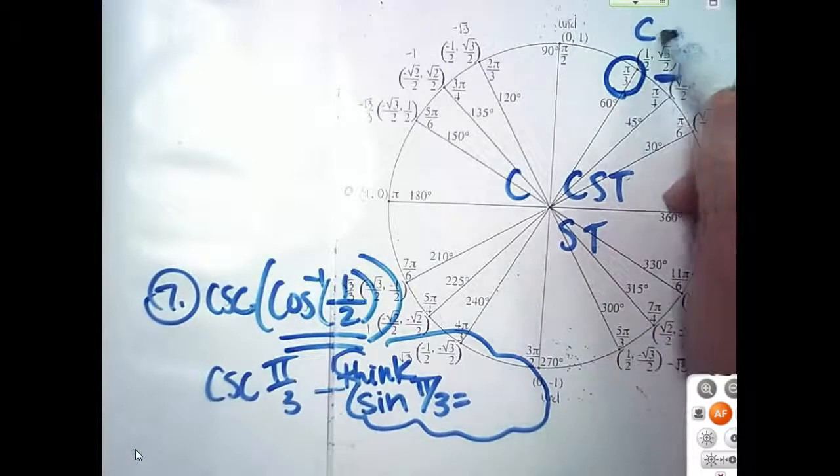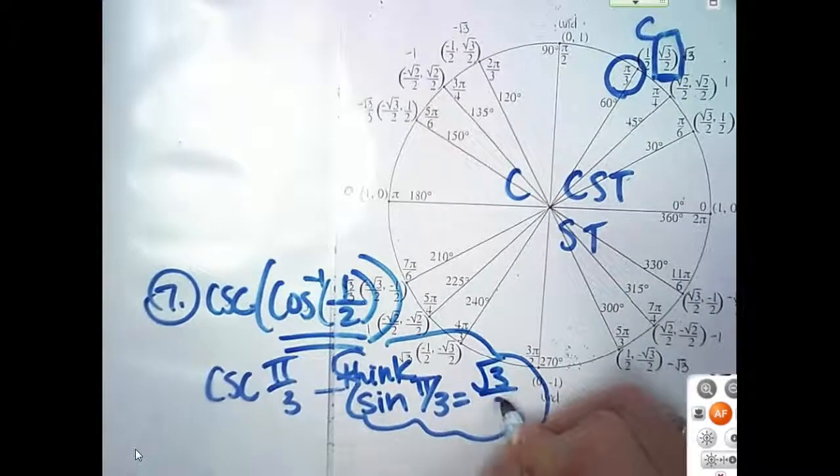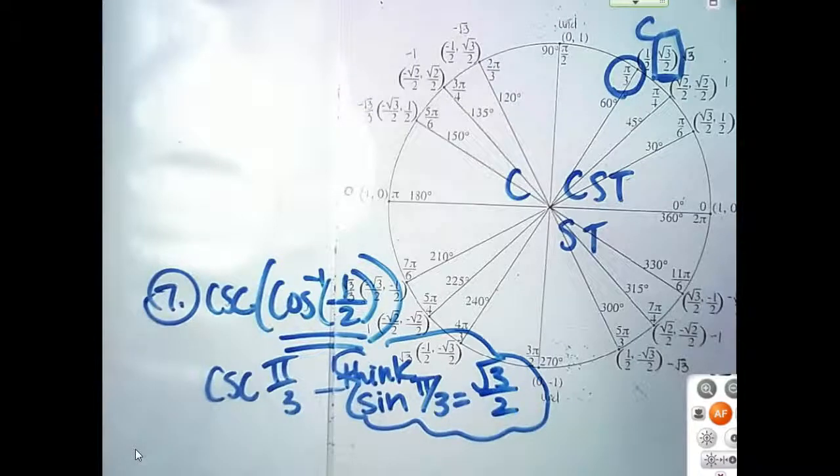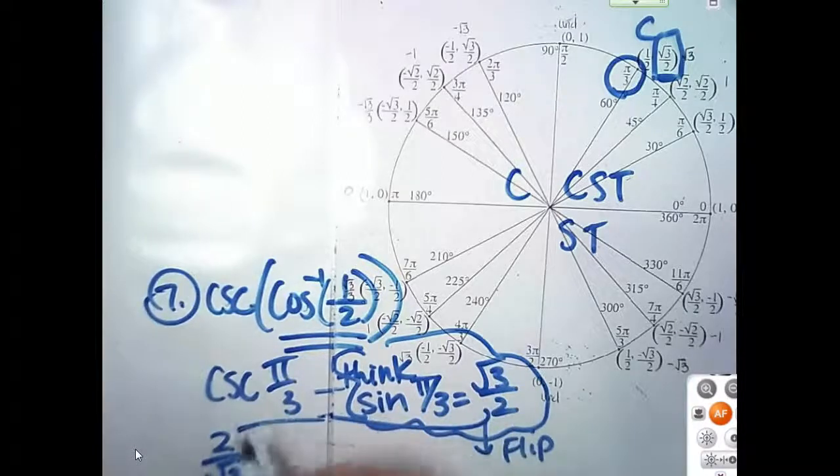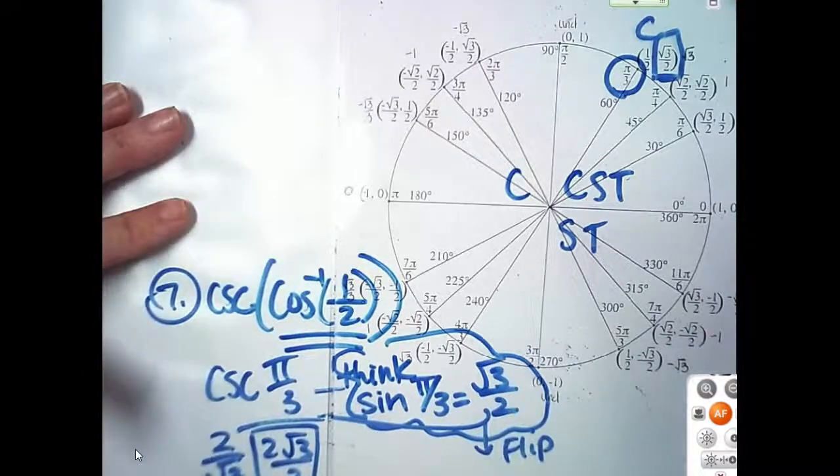Here's the sine value. So it's root 3 over 2. But root 3 over 2 is not your answer. What are you going to do to root 3 over 2? Yeah. Now you flip it. When I flip it, I get 2 over root 3. Right, so it's 2 root 3 over 3.